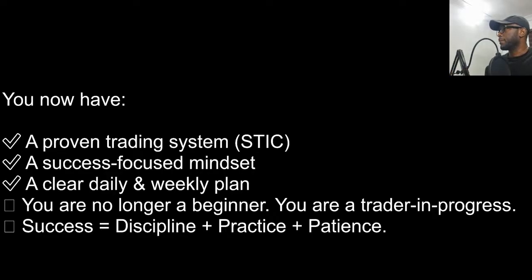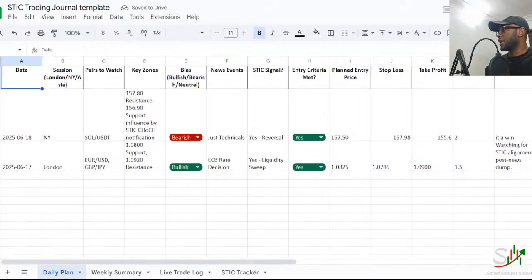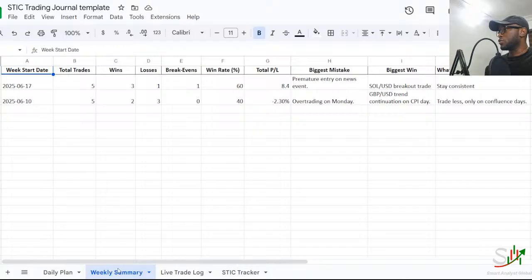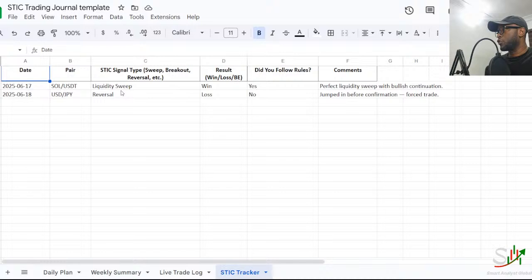Okay, this is it. Let me just share the screen. So yeah, this is the doc. You can get access to the doc here. It's actually a trading journal that's going to help you plan your trade, know when to have a weekly analysis, help you track your STIC indicator, and know when to buy and where to sell.